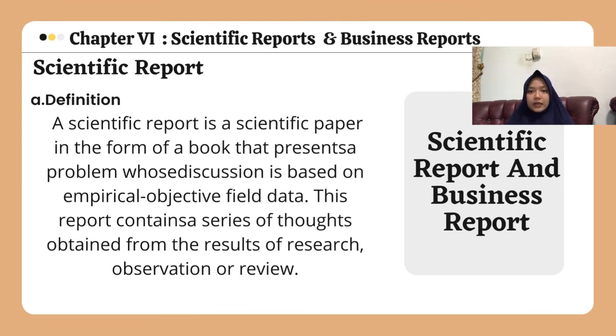Scientific report. Definition. A scientific report is a scientific paper in the form of a book that presents a problem whose discussion is based on empirical objective field data. This report contains a series of facts obtained from the result of research, observation, or review.